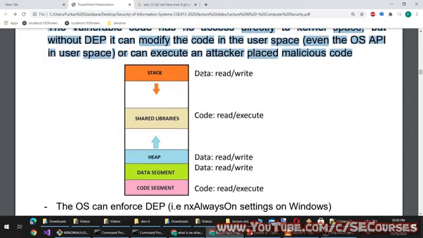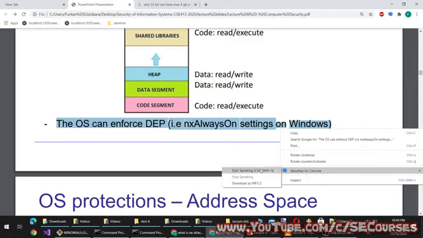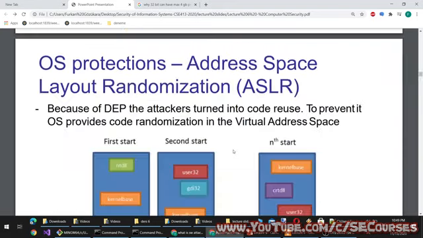So there is stack, data, read-write, and there are shared libraries, code, read-execute, and there is a heap, data segment, code segment, with read-write, read-write, read-execute. These are the permissions of the code. The OS can enforce DEP, IE NX always on settings on Windows.